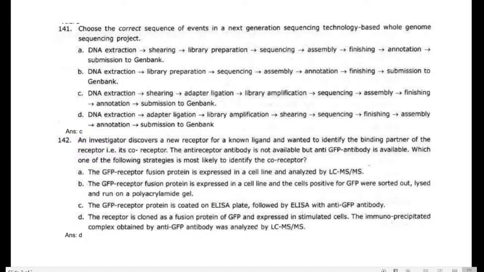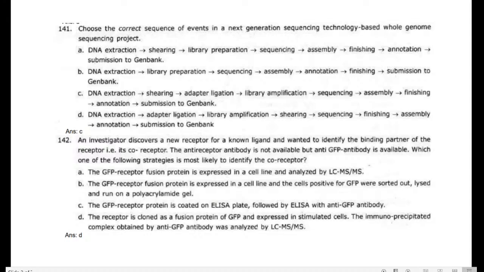Why is it different? With next generation sequencing, we can compare a larger quantity of sequences. It is helpful for a large quantity of nucleotides; lengthier nucleotides can be sequenced.